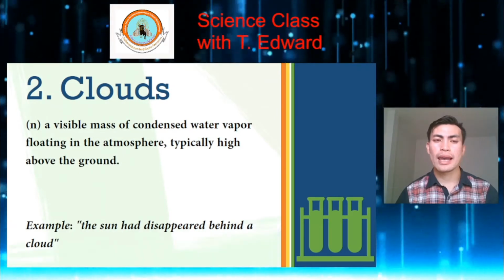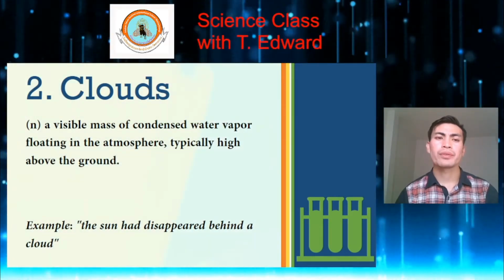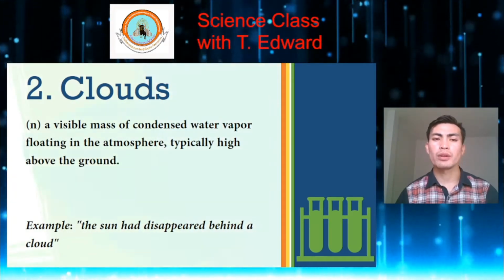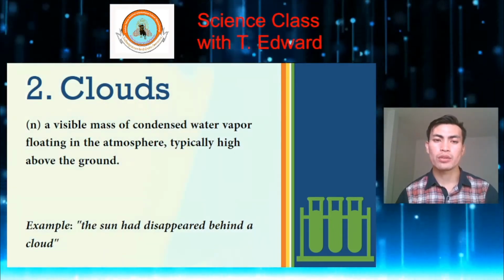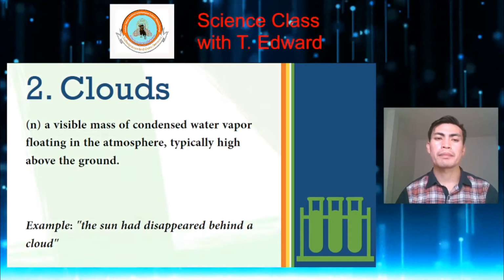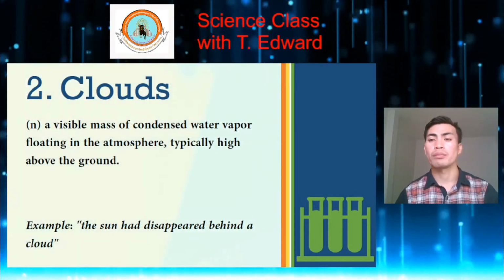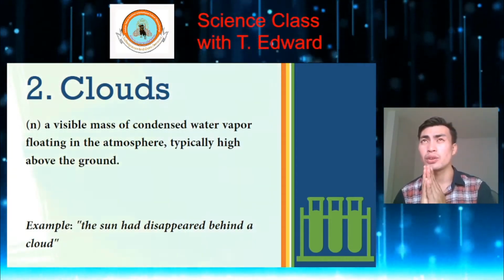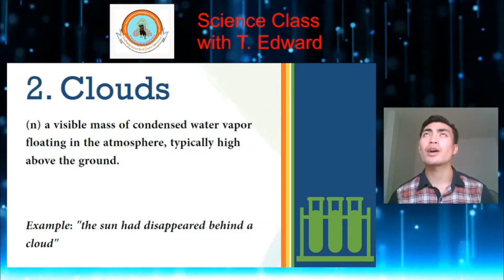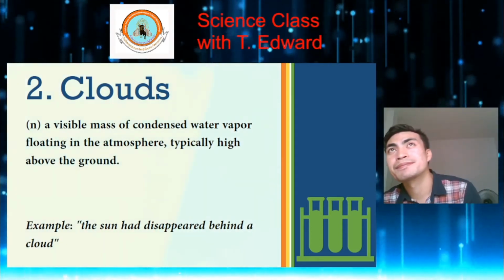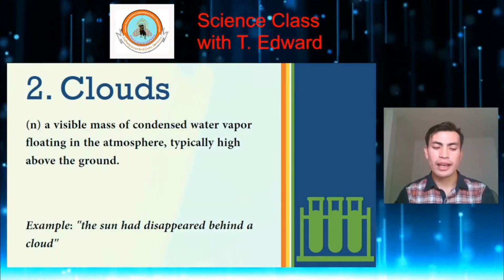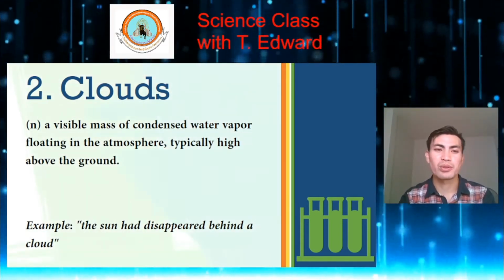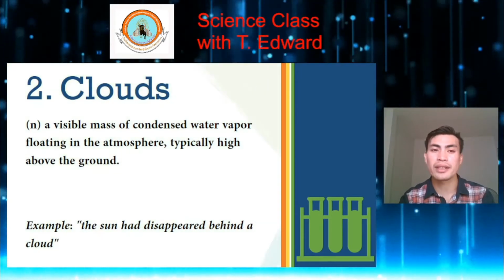Number 2, clouds. Clouds is a noun and it means a visible mass of condensed water vapor floating in the atmosphere, typically high above the ground. So can you pause the video and take a look outside the window? In my window here, I can see a lot of clouds today. So today is a cloudy day.